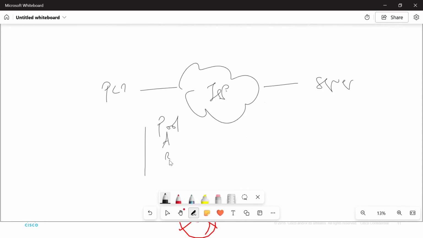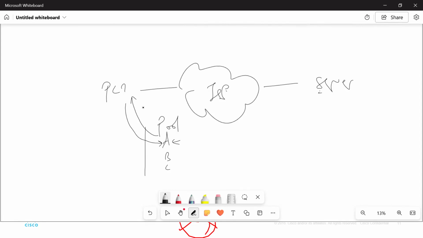Let's say we have addresses A, B, C in our pool. So if PC1 wants to communicate with the server, it might get assigned this address, then it communicates with the server. And if the server responds, it responds to this public IP address and it goes back to the PC.